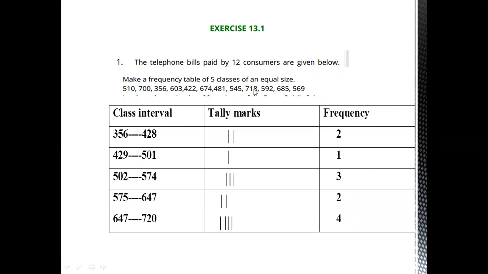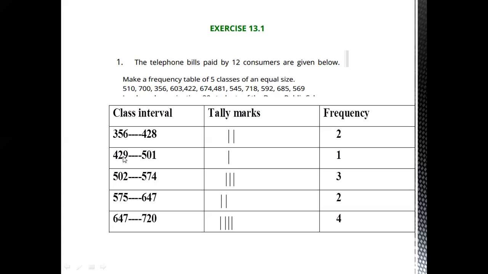So for 5 classes, from 356, if we take the difference of 72 as the class size, automatically you will get the 5 classes. From 356 to 428, the class size is 72, means 428 minus 356 gives 72.